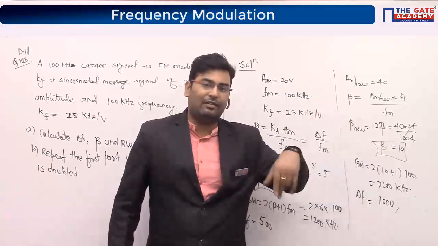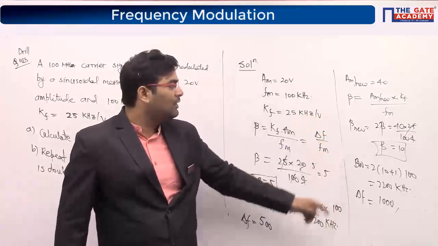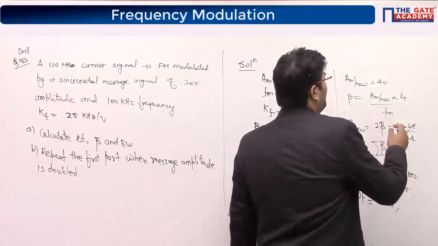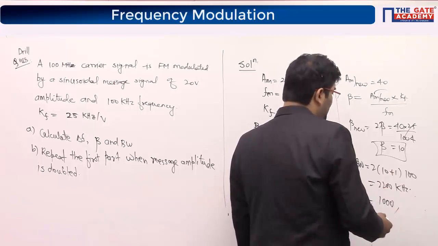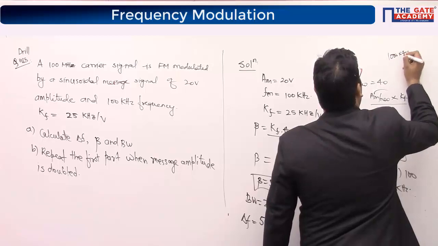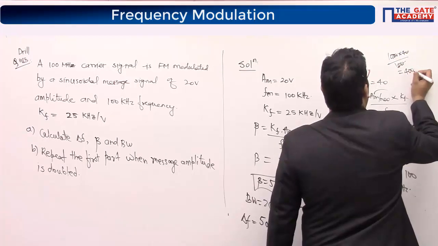And if it is getting doubled, obviously bandwidth has a direct relation with delta F. But one important thing that you missed is that it will not be directly double, because AM is also getting doubled, KF is also getting doubled, right? So it is how much? 1000 into 40 by 100, so it is some 400.